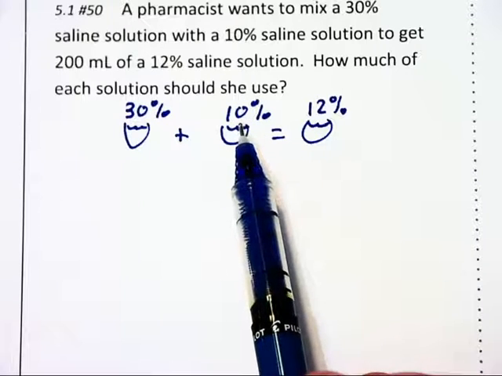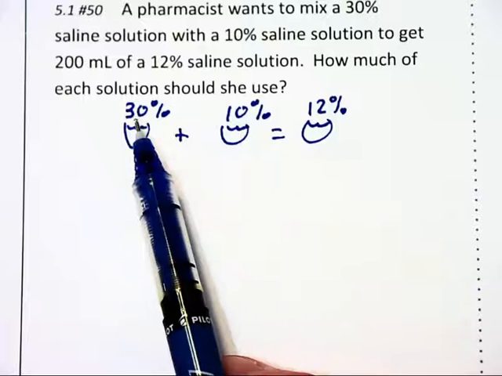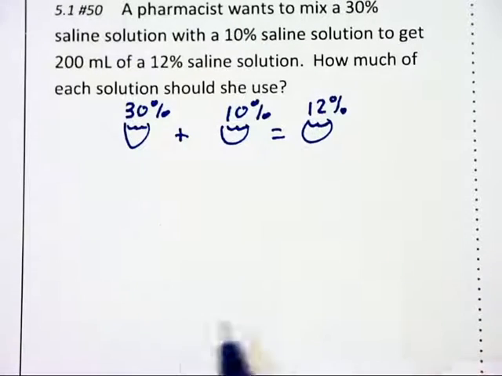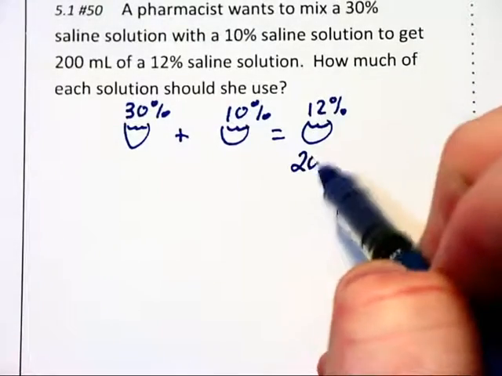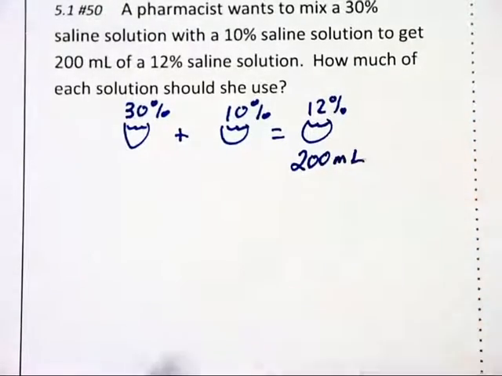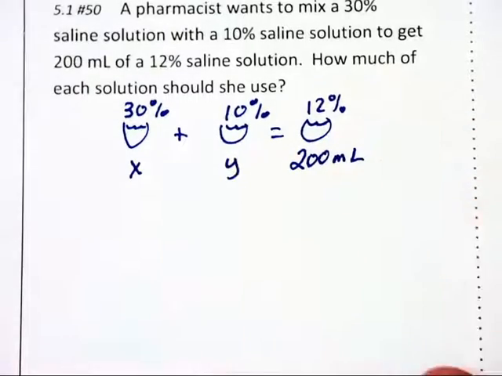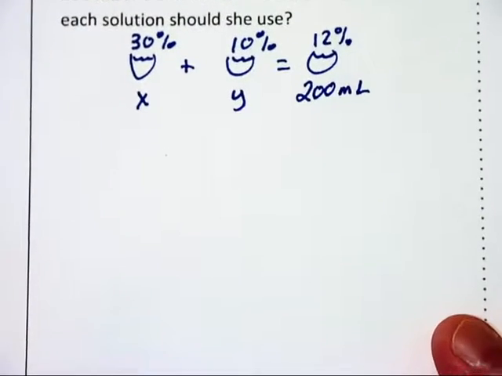There should be a lot more of the 10% saline solution added to dilute down the 30% solution to get it closer to the 12%. And we want 200 milliliters altogether. We don't know how much of the first or the second are being mixed together.